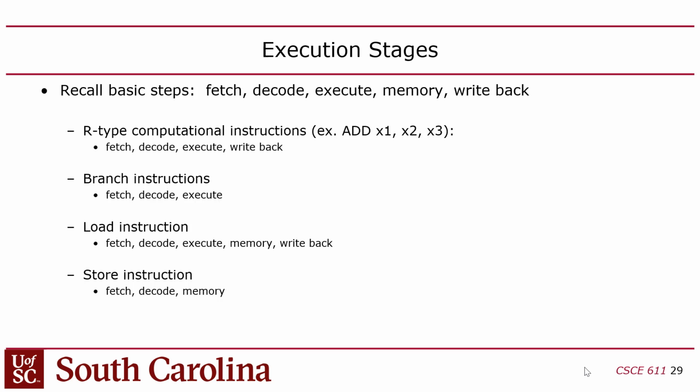Some CPUs are multi-cycle. Multi-cycle CPUs take advantage of the fact that different instructions require a different amount of workload, a different amount of data path operation. So a multi-cycle CPU allows you to execute one instruction at a time across multiple cycles, but the number of cycles can vary between instructions.